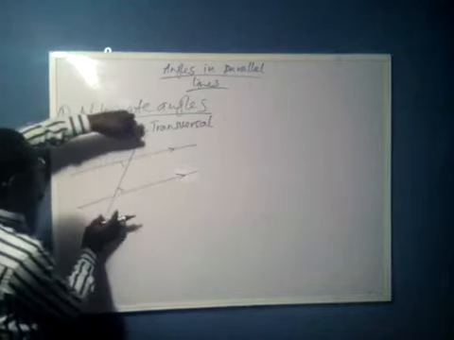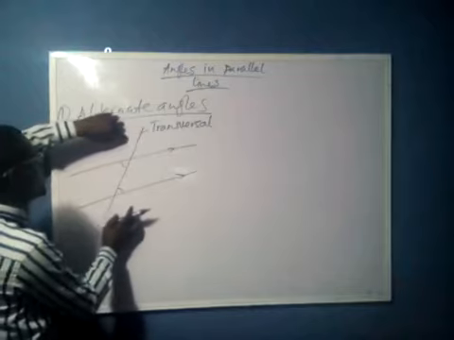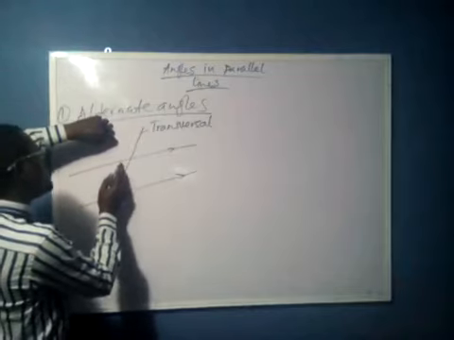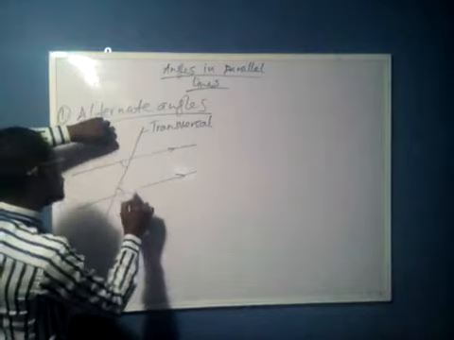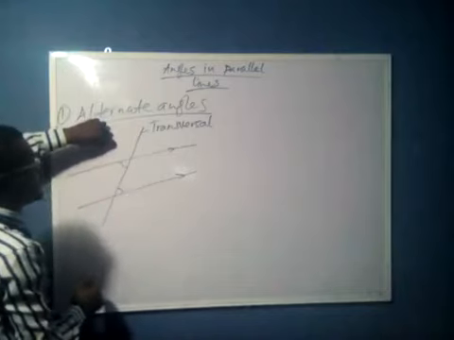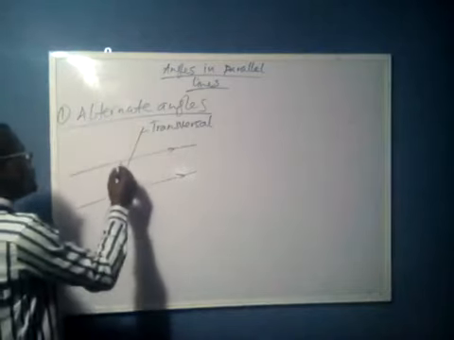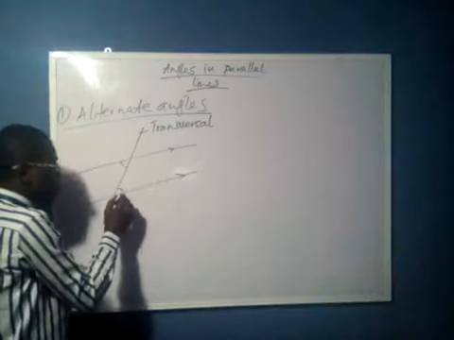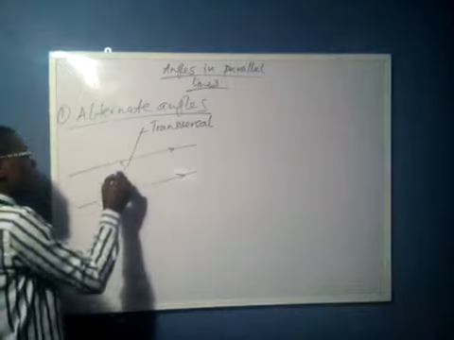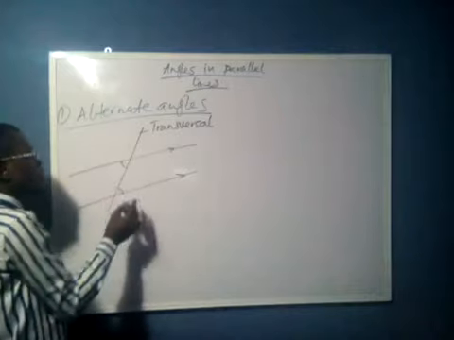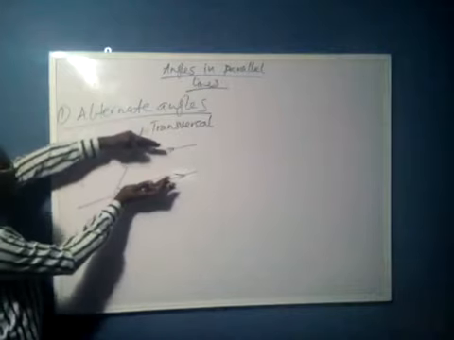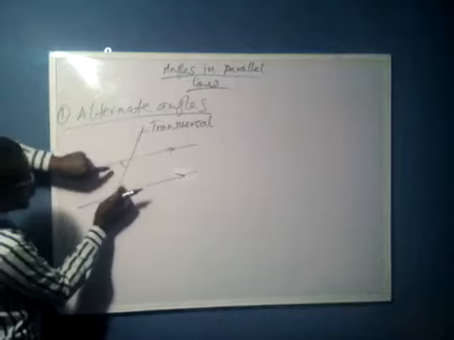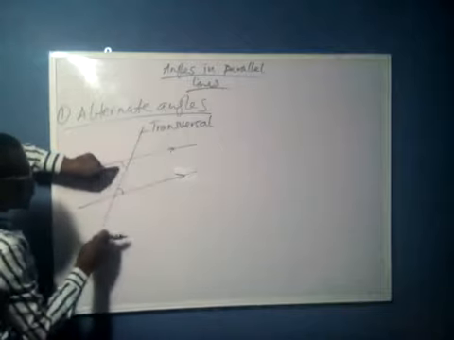If you move this line round, as this angle is increasing, this one too is also increasing. So the angle here and this one are alternate to each other.